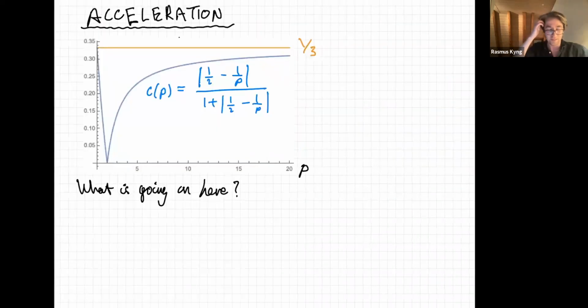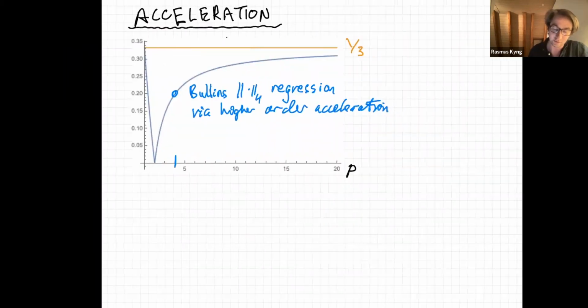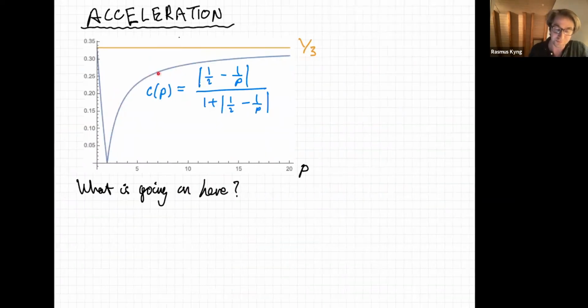Okay, now I want to talk a little bit about what's going on here with this weird curve, because at first it looks very arbitrary, and then it turns out maybe it's not. So remember, these are the coefficients that we need in order to solve our regression problems for different p. So say at p equals 4, I need something like 0.2. So this is a fifth root of the number of rows in linear equation solves in order to solve a 4-norm regression problem.